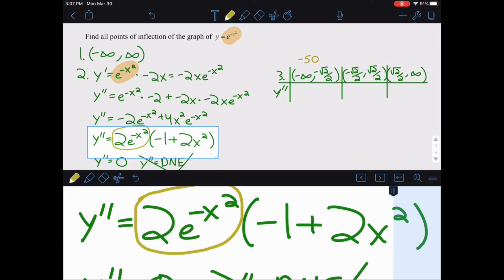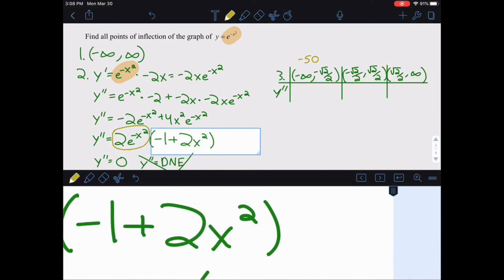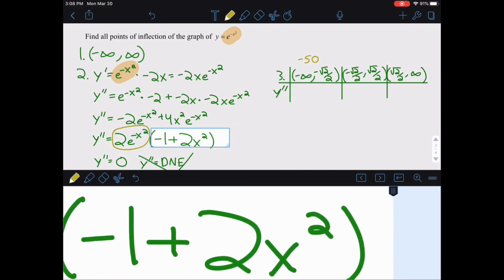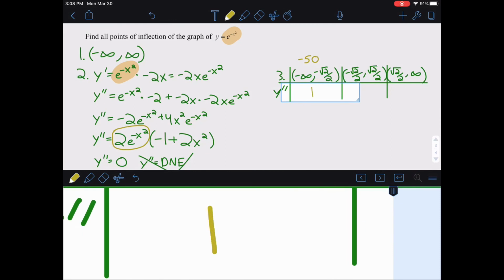E to any power is going to give me a positive number, so y double prime is going to be positive or negative based entirely on this parentheses. 2 times negative 50 squared: negative 50 squared is positive, times 2 makes it even bigger. If I take 1 away from that, this is still a big positive number.